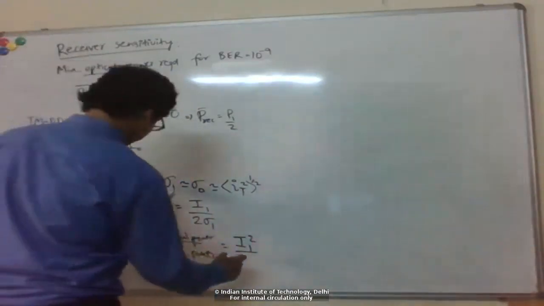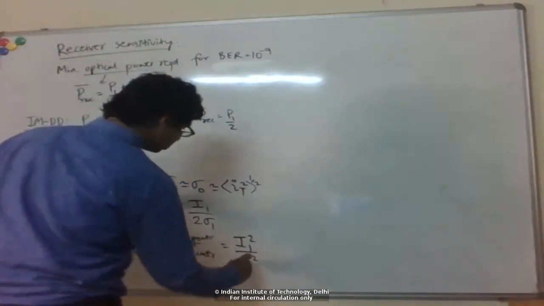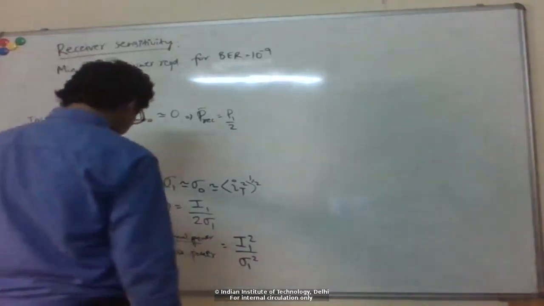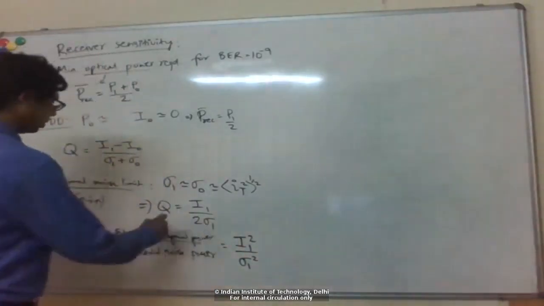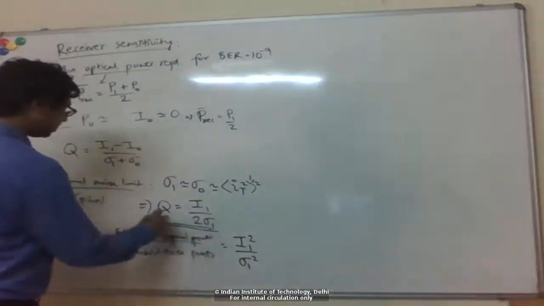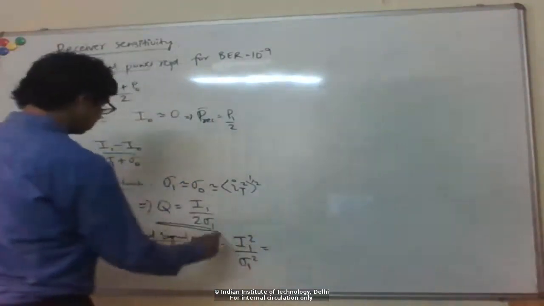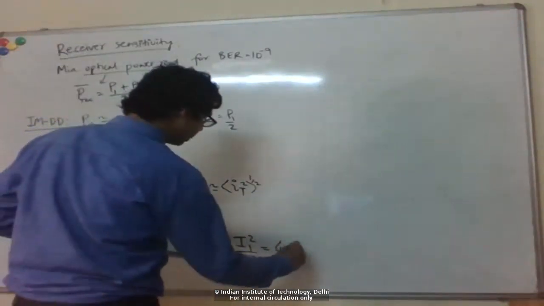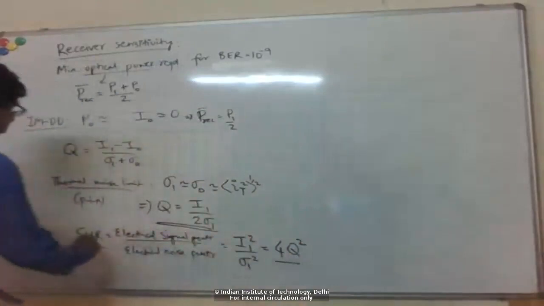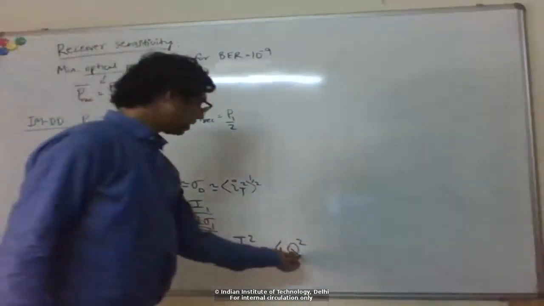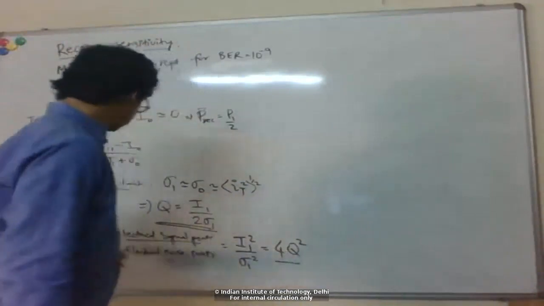That will be proportional to sigma 1 squared, the variance of the noise. From this expression for Q, comparing these two, the SNR is 4 times Q squared. As we discussed last time, Q is something like the square root of the SNR.